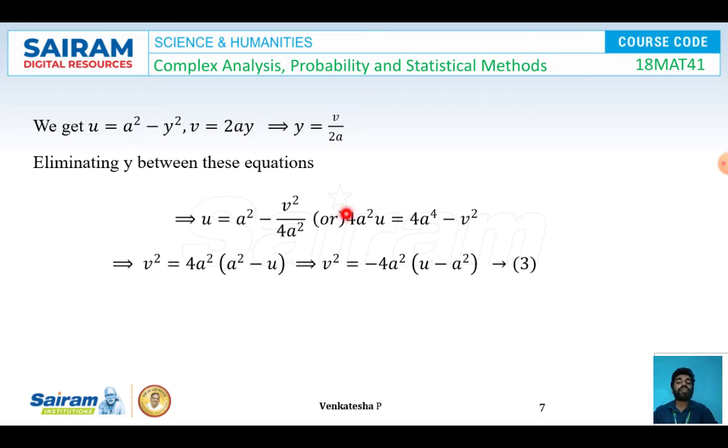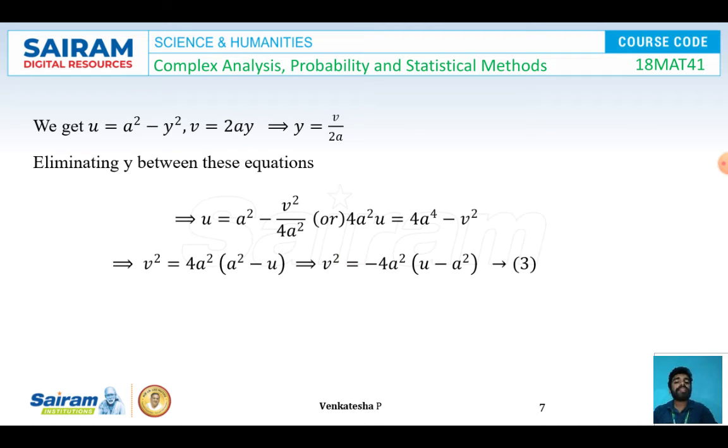On shifting and taking the LCM, we get 4a²u = 4a⁴ − v². Shifting v² to the left-hand side and 4a²u to the right-hand side and taking 4a² as the common factor, I got v² = 4a²(a² − u). Or taking minus common, I get v² = −4a²(u − a²).